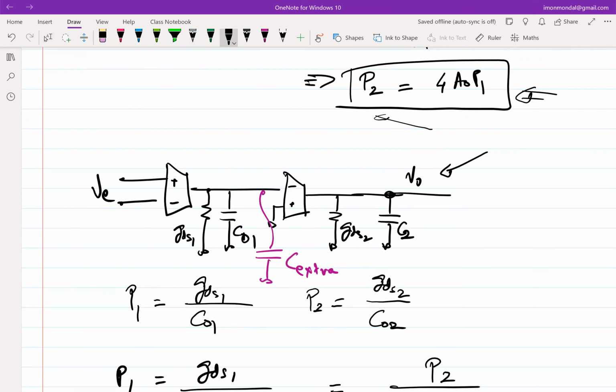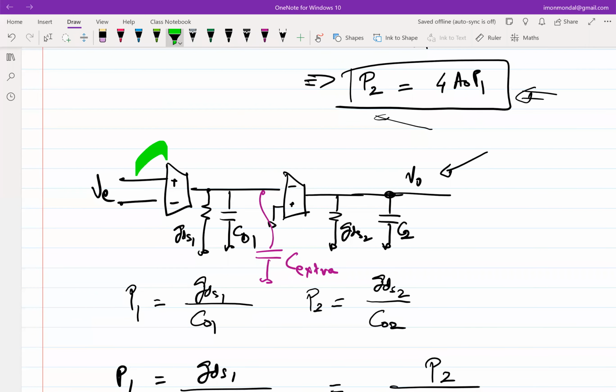Now, if C extra is much higher than GDS1, then I can assume that this is kind of an integrator. So at reasonable frequencies, the rate at which this node reacts with respect to VE is VE times GM1 by S C extra, ignoring GDS1.